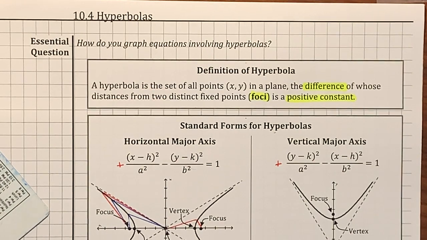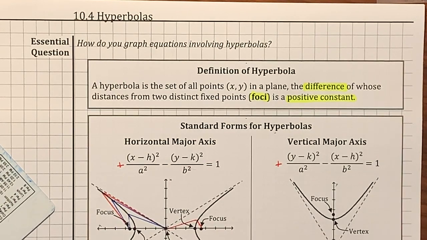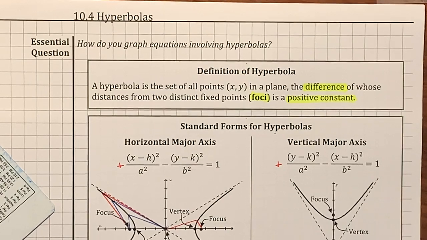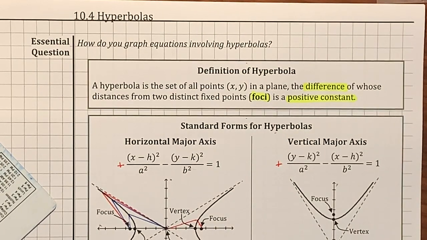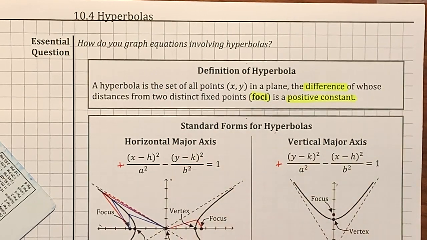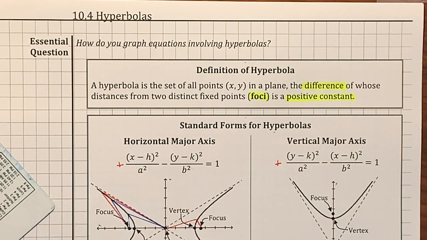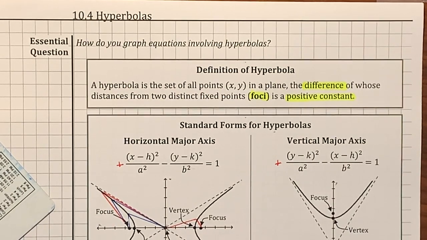And notice that once again we have the formula to find the value of c. The foci are c units from the center, and this is your equation. Now notice that in this case we have a minus in between. In your ellipse you have a plus, so therefore this one was a minus. One of the key things you have to remember is that c is the distance from the center to each focus.